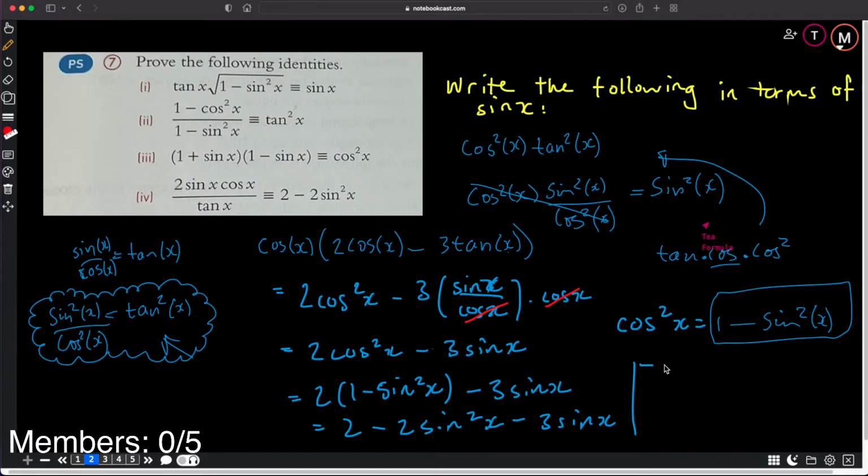So the squared term first, then the middle term, then the constant. 2 and 1. I think, no, maybe, I don't know. I can't tell right now if that's solvable. 2, 3, and 2. So it'd be negative 2y squared minus 3y plus 2.